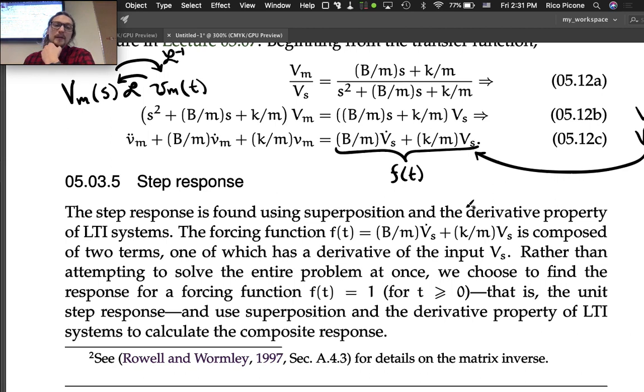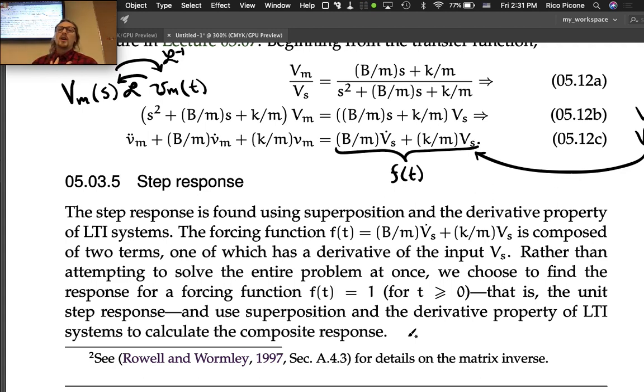So rather than attempting to solve the entire problem at once with this big, massive forcing function, we choose to find the response for a forcing function f of t equals just the unit step. That is the unit step response. Then we use superposition and the derivative property of LTI systems to calculate the composite response. So that's our goal.